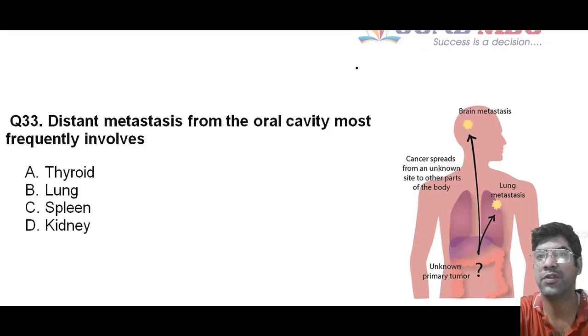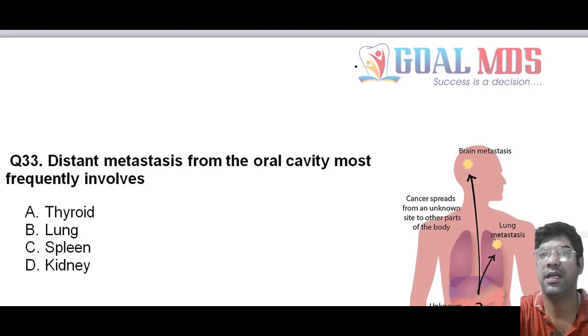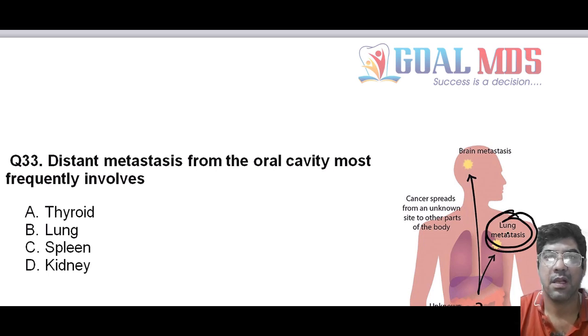Moving to the next question, the distant metastasis from the oral cavity most frequently involves the lung. Lung metastases are more common in patients with oral cavity cancers compared to other distant organs.